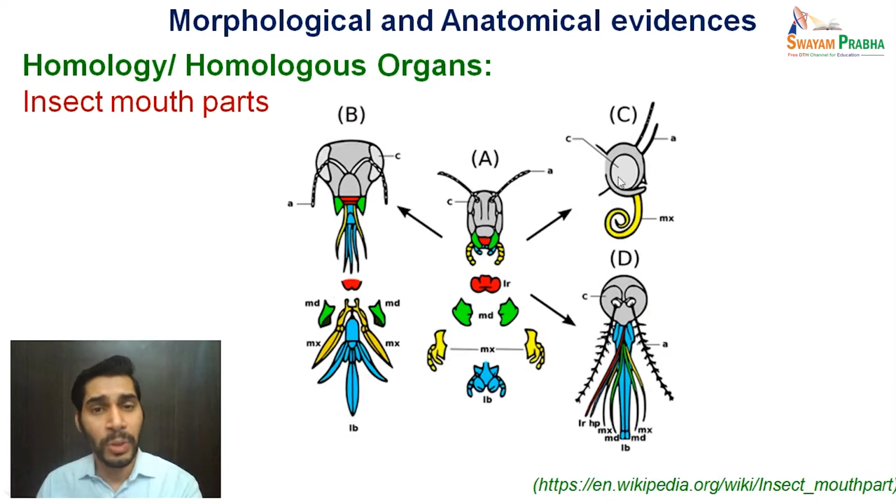So they do have different functions in different insects, in different species. But if you see the basic structures or the basic pattern, they all are based on the similar basic structures involving the mandible, maxillae, labium, labrum, hypopharynx, etc. So the basic structure is same, but they evolved into different types. So here again, the theory of evolution is being supported.